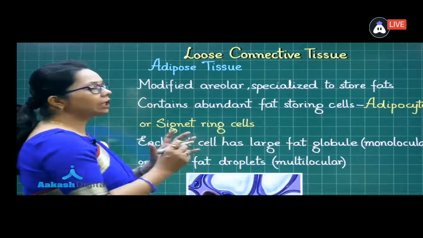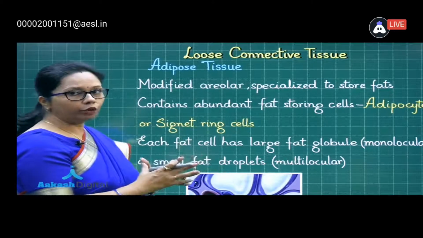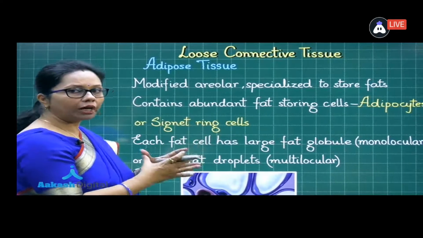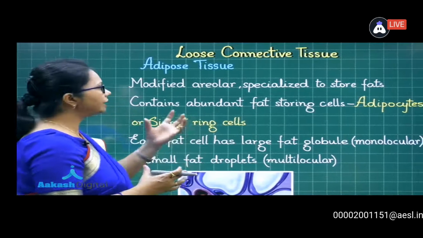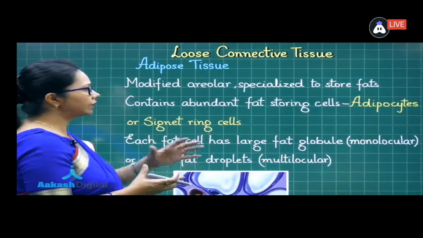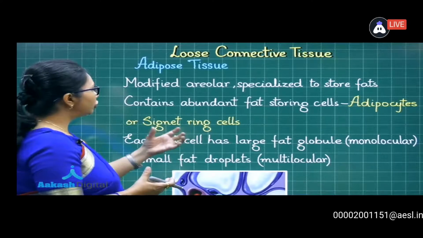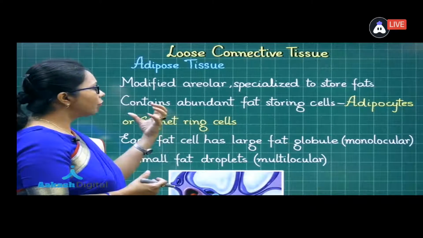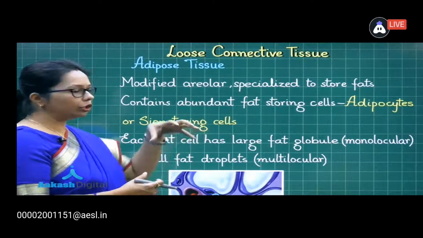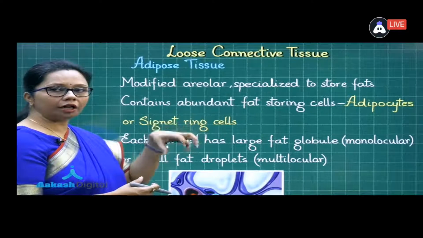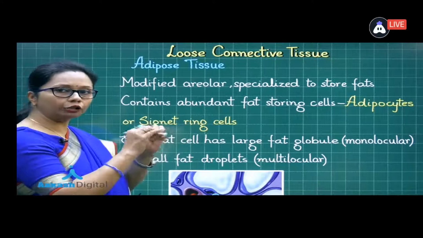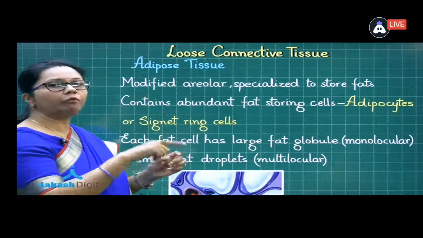Now adipose is a kind of areolar with some modifications, where the fibers are fewer and the most abundant cells are the fat storing cells, that is the adipocytes, which are also called signet ring cells, because when we examine them microscopically, the whole space is taken up by the oil droplet, and as a result the cytoplasm and the nucleus have become peripheral.